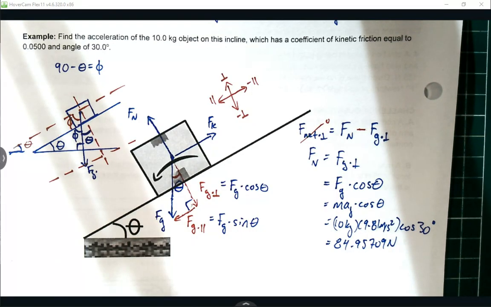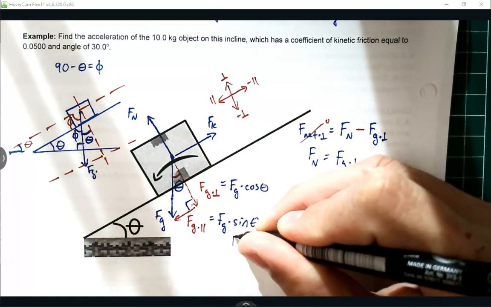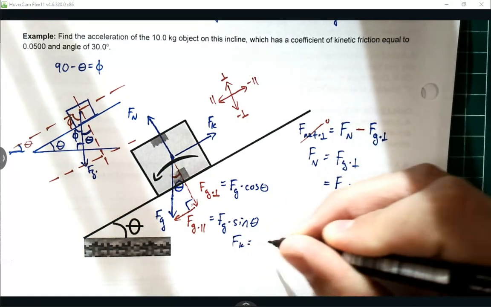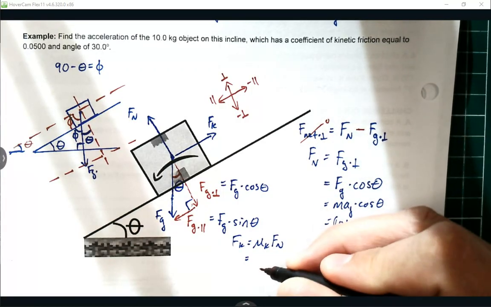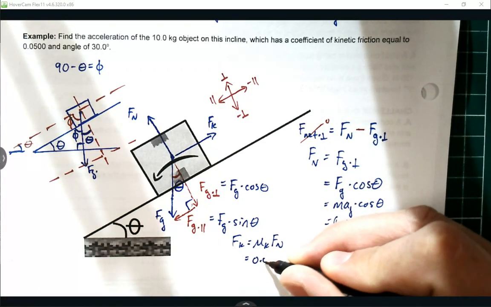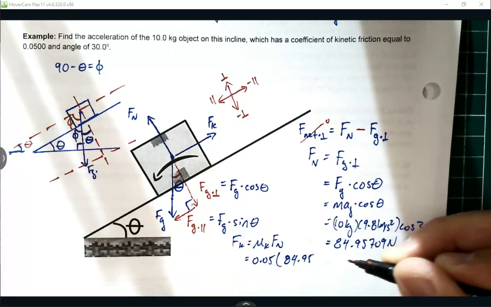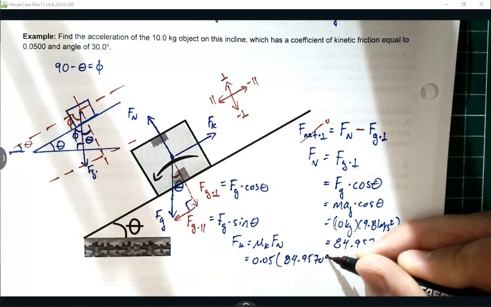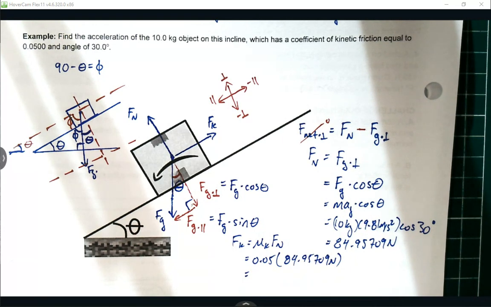Yeah. Love it. So I could say, all right, well, Fk is going to equal UK times F normal. UK is 0.05. F normal, 84.95709, according to EV. And I get an answer that starts with 4. What do you guys get?